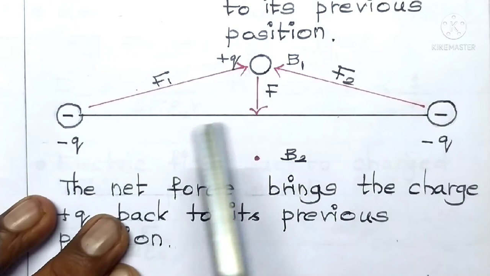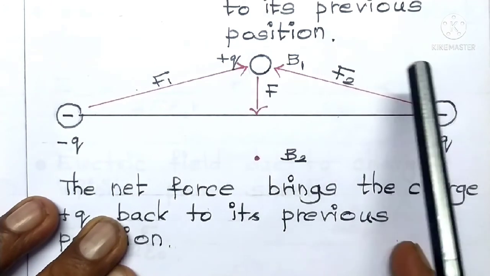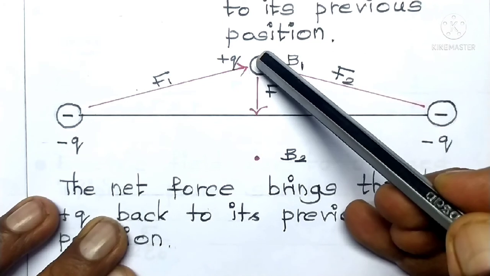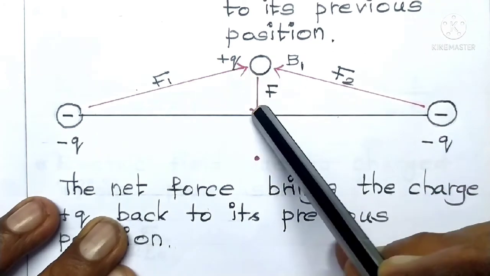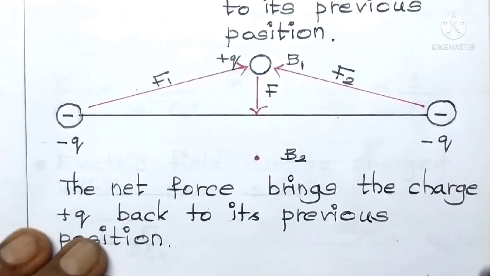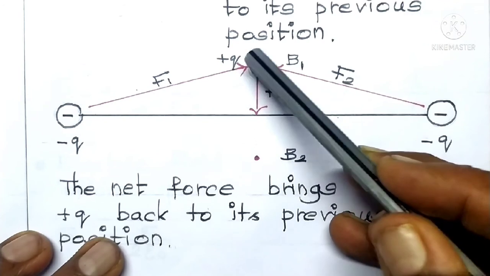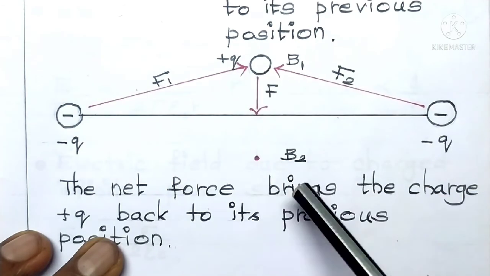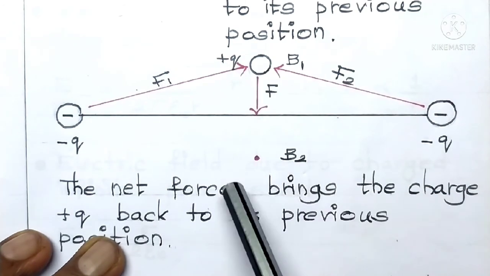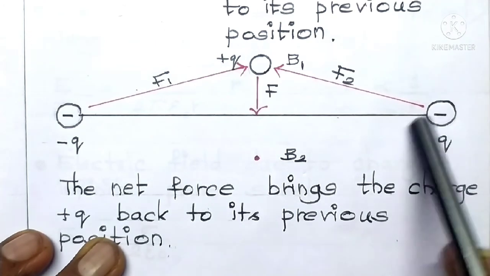So what will happen? In other words, this force and this force will get cancelled and this positive charge will come back to its original position, that is the midpoint of these two charges. The same thing will happen if I move this plus q downwards, that means in the direction of B2. Again, these two distances will remain the same.